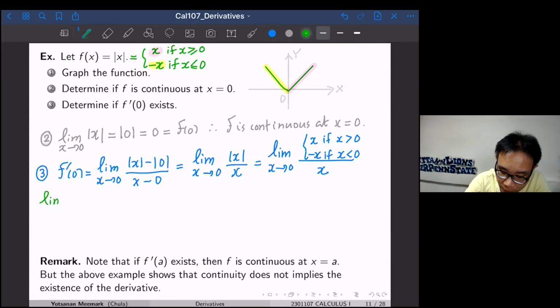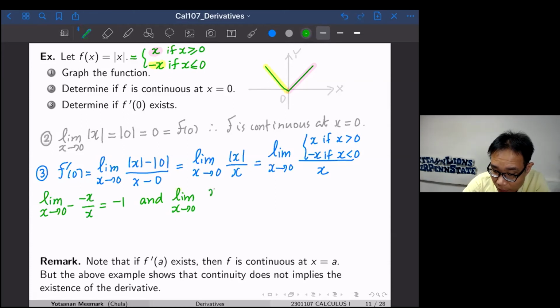Okay, so you see that you're gonna have to use left-right. So you have the limit as x goes to 0 from the left. It's gonna be negative x over x, equal to negative 1. And you have the limit as x goes to 0 from the right side equal to 1. Okay, so you have left not equal to right.